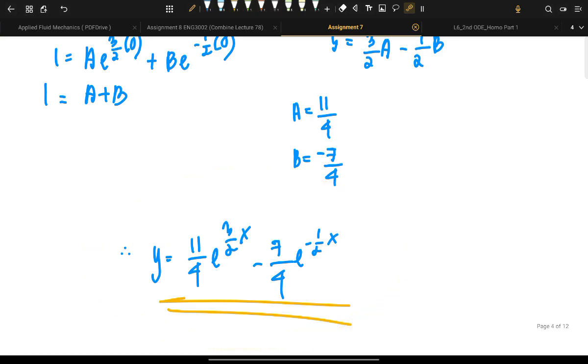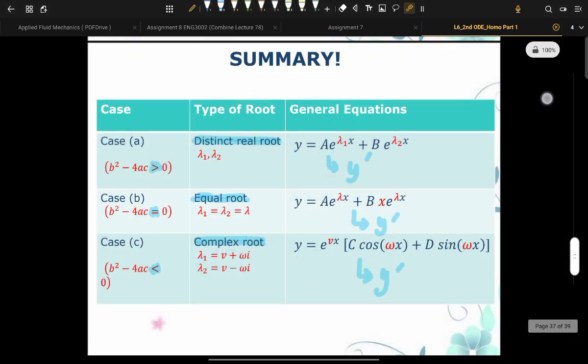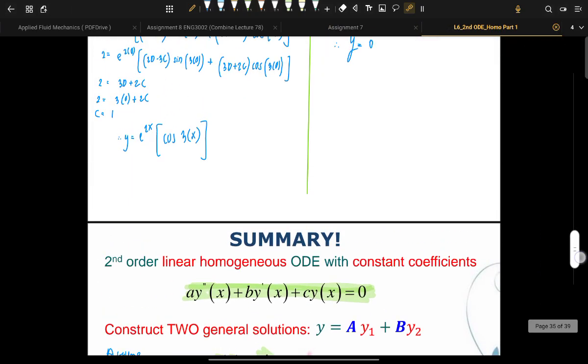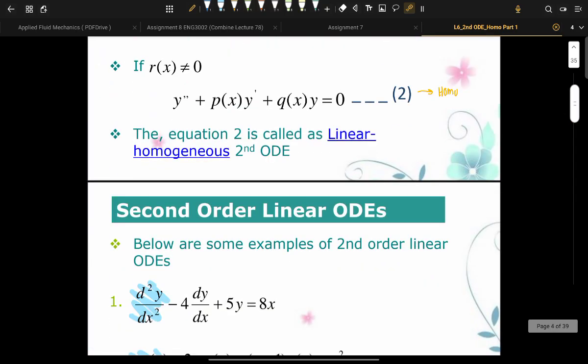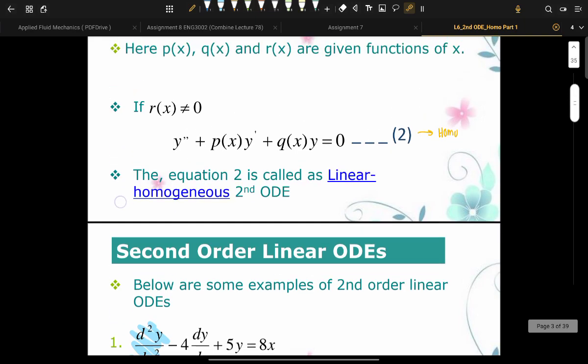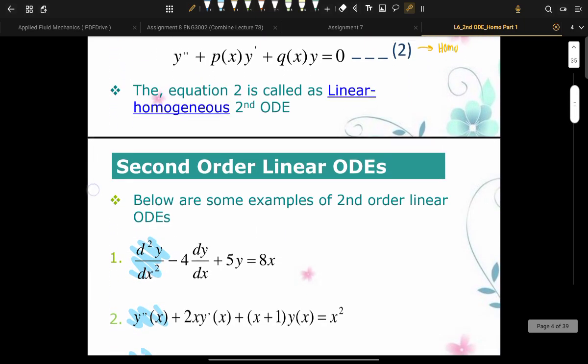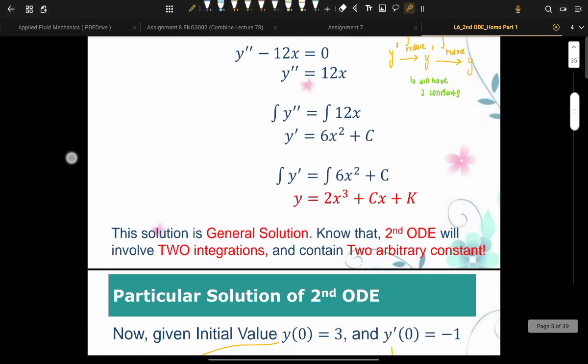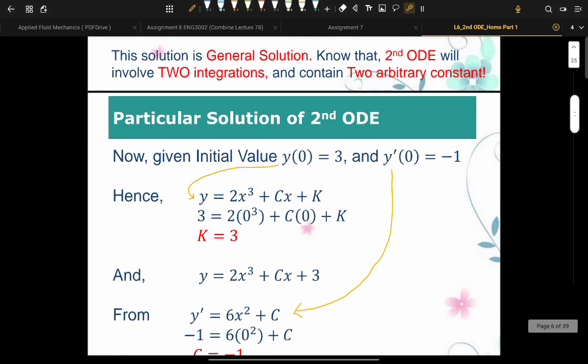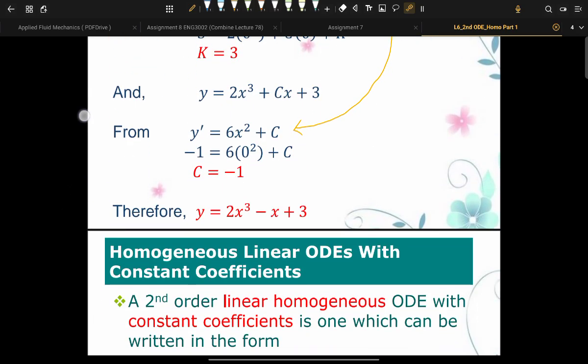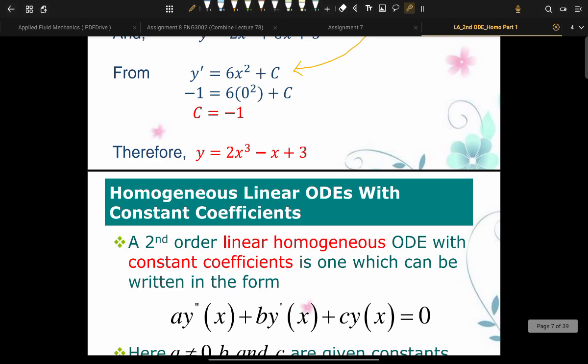How do we know we want to use this kind of formula? It is the three cases that I stated before. We need to know the condition of the equation itself.